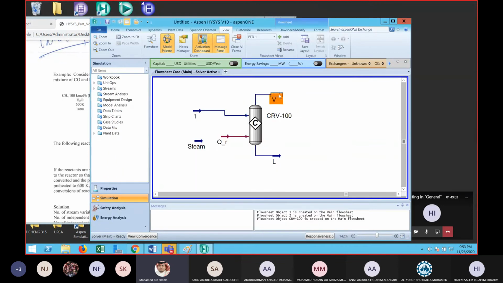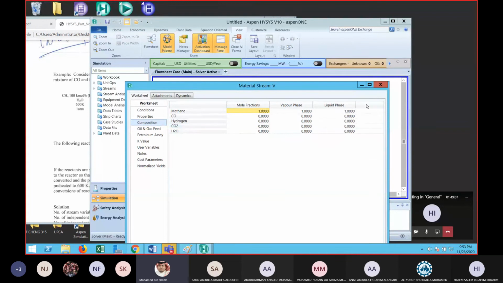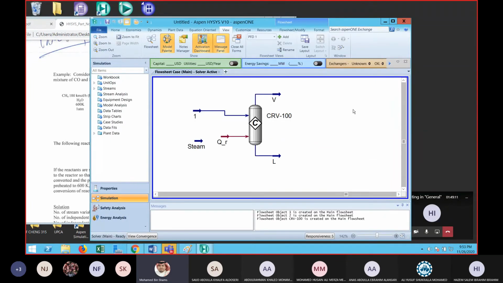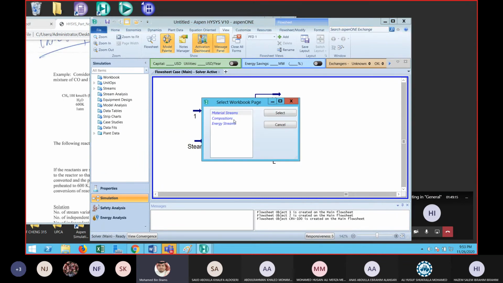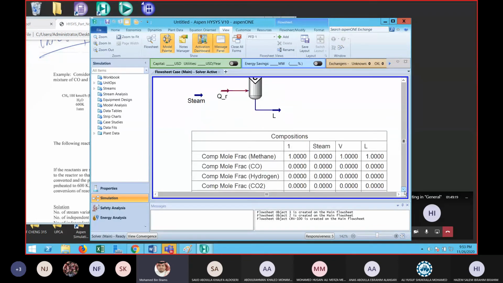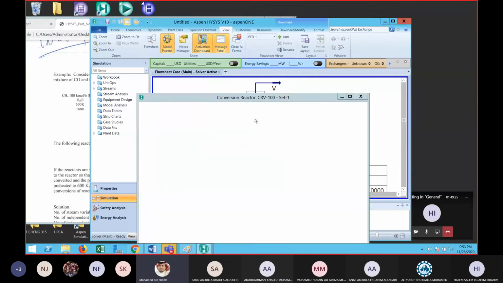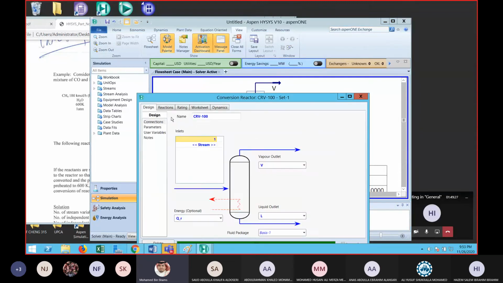But with 40-60%, what is the carbon monoxide composition? Oh sorry, I did not connect the steam to the reactor.